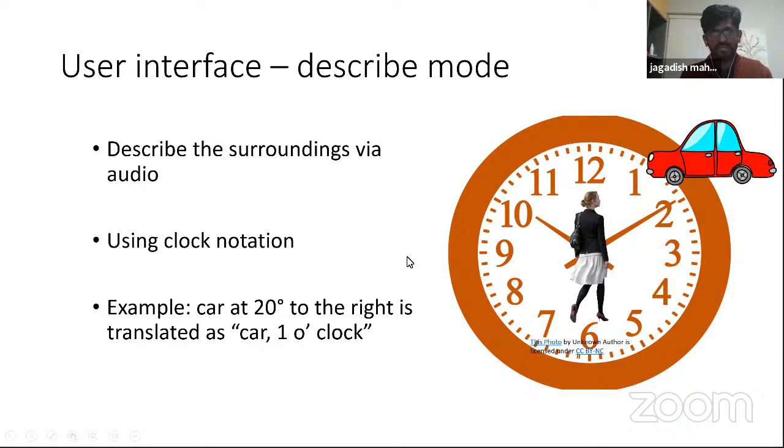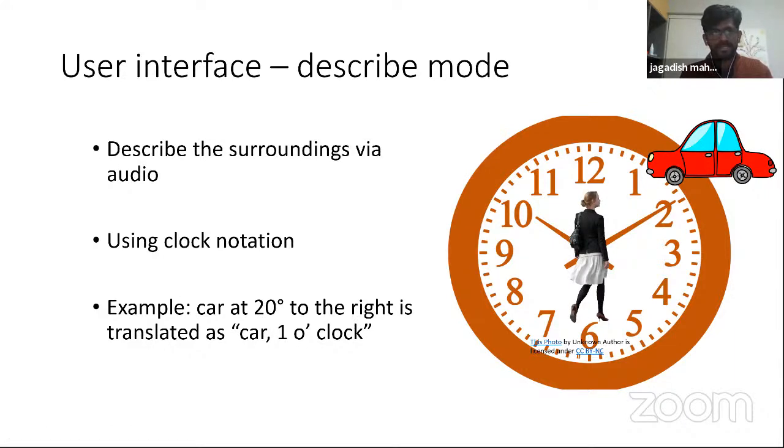This notation is derived from the analog clock notation. For example, if the car is present on the right side, it will be translated between 12 and 3 o'clock. In this case, if it is 20 degrees, it will be translated to 1 o'clock. And this is a feature that is provided only upon request by the user.